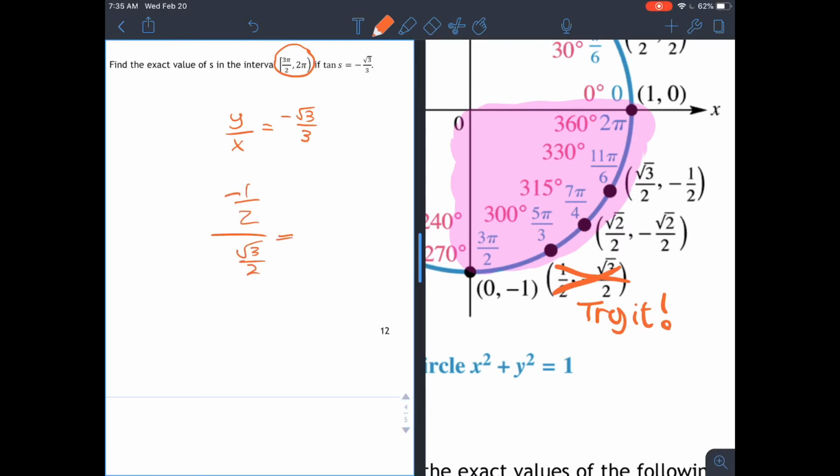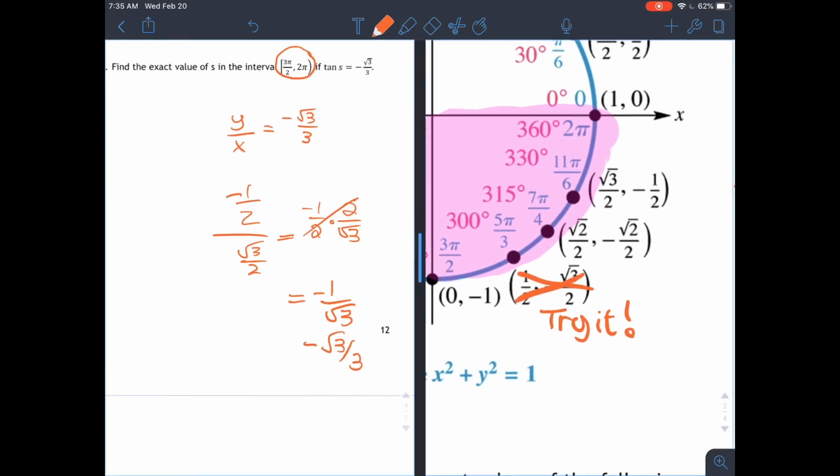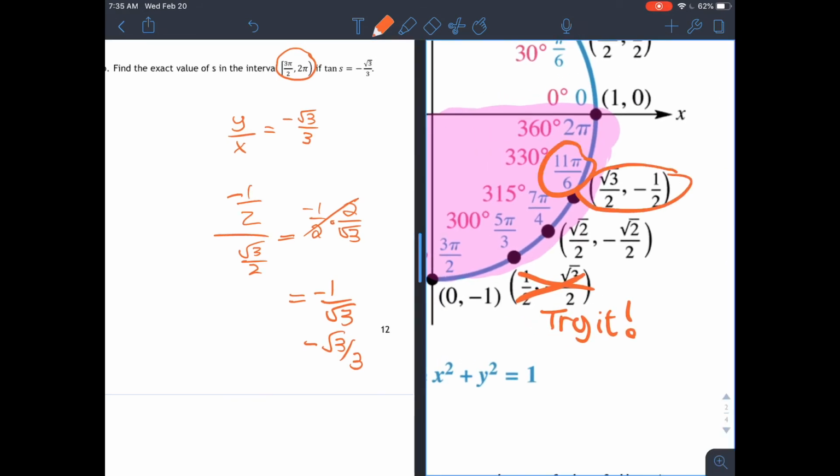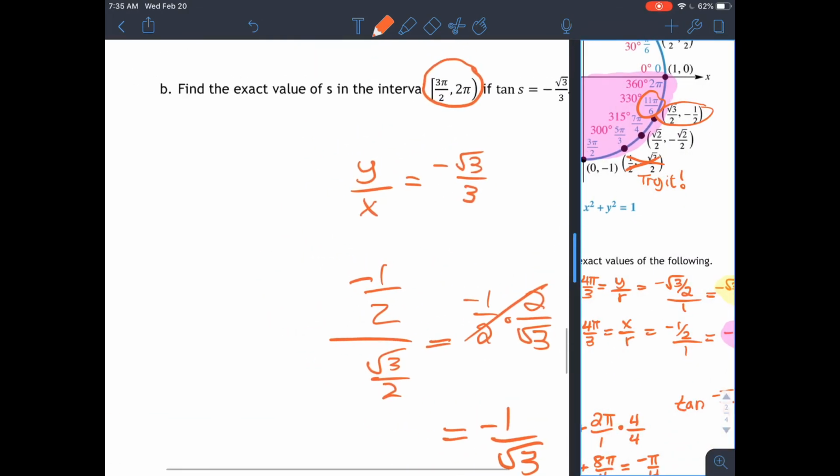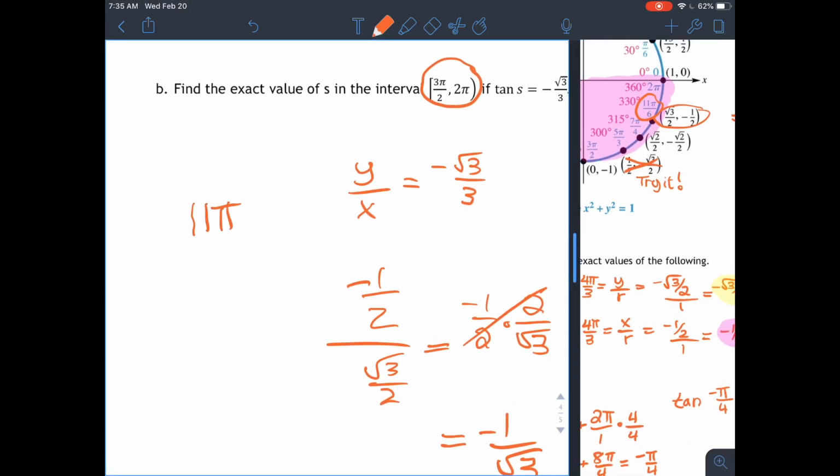So negative 1/2 for your y, square root 3 over 2 for your x. If you divide those, it's flipped upside down of what I just did. So it does come out to be negative 1 over square root 3, which simplifies to be the correct tangent value that we're looking for. So 11 pi over 6 is our angle that has that tangent value.